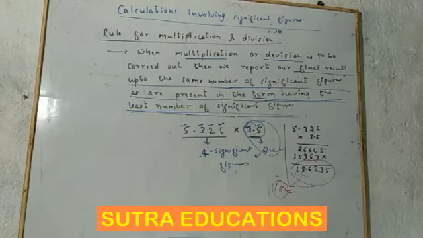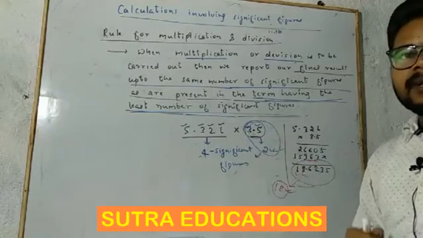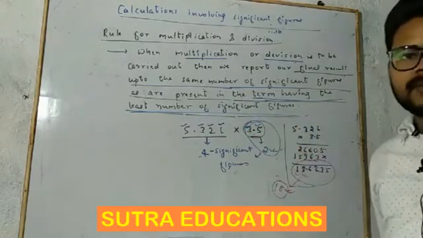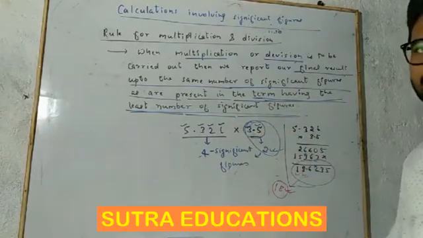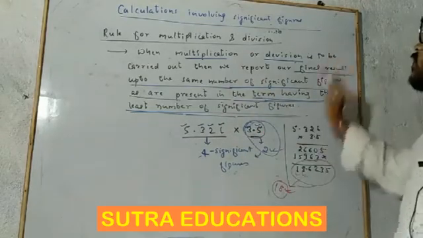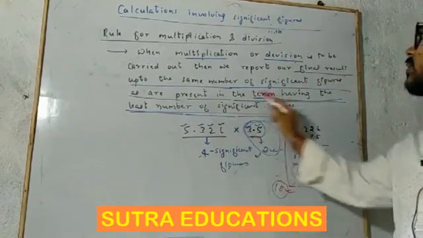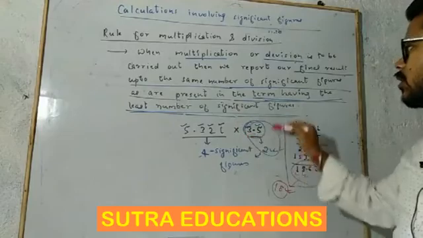According to the rule, we have to write only up to 2 significant figures, that is, the term having the least number of significant figures. So when multiplication or division is carried out, we report our final result up to the same number of significant figures as are present in the term having the least number of significant figures.